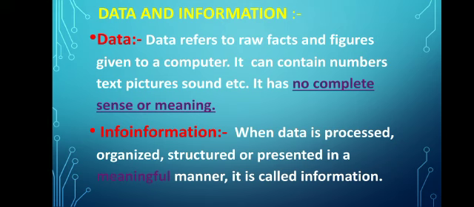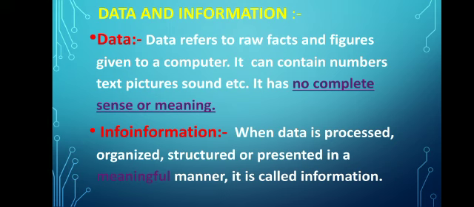Now we are going to discuss data and information. As we know, data is a raw fact which has no complete sense. It may be a name or any number or any alphabets or an image or symbols.